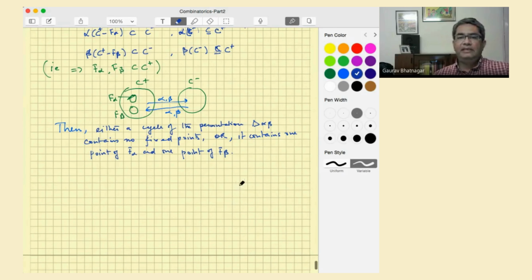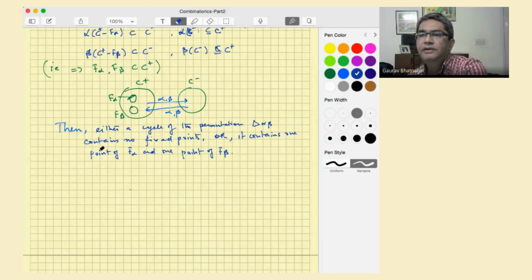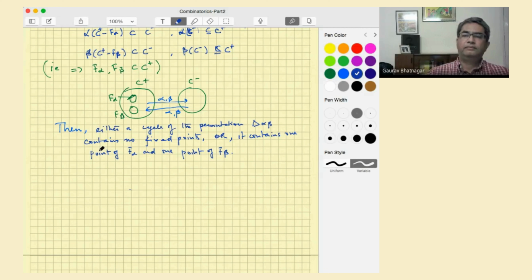So basically, the problem is to create a bijection between elements of F alpha and F beta, and we take the larger set and create an involution which satisfies all this part. Then one can create a bijection using this involution. So the statement is fine, right, with everybody?